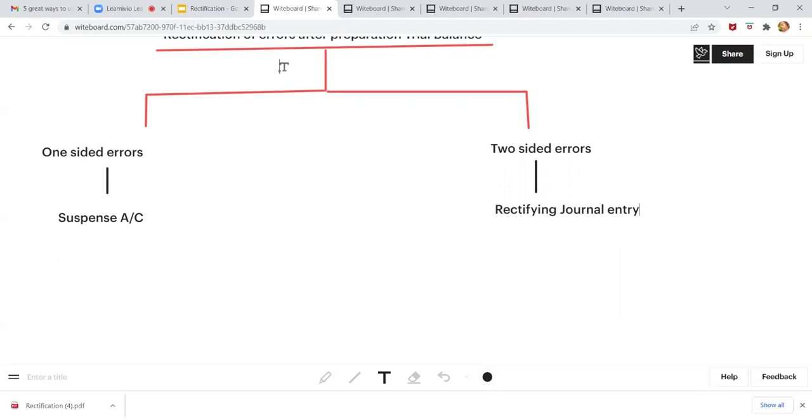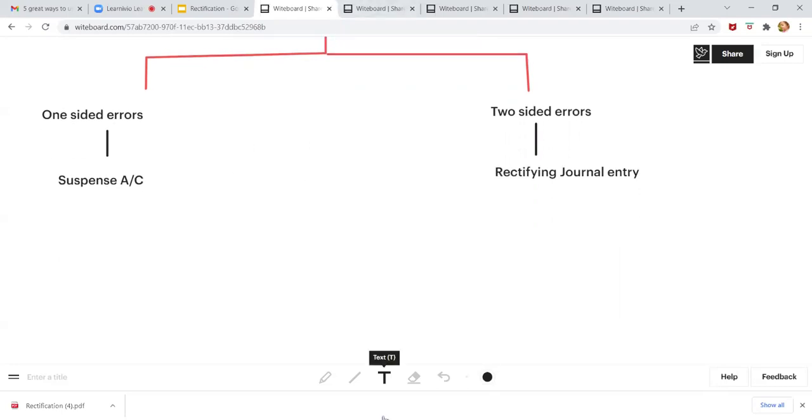So here we will discuss how to prepare the suspense account. To prepare this, we have some transactions or entries which were posted wrongly, entered wrongly, right?